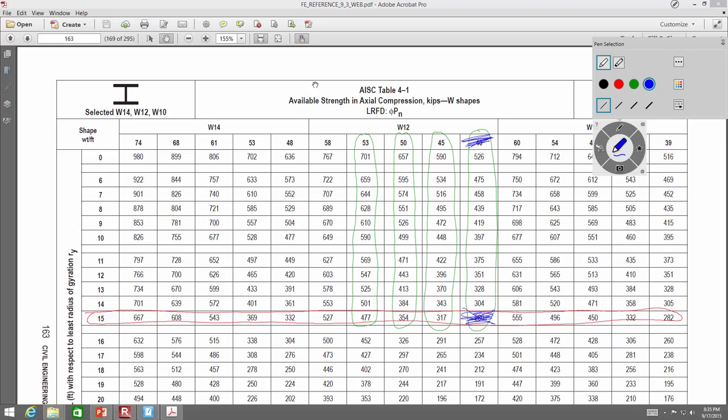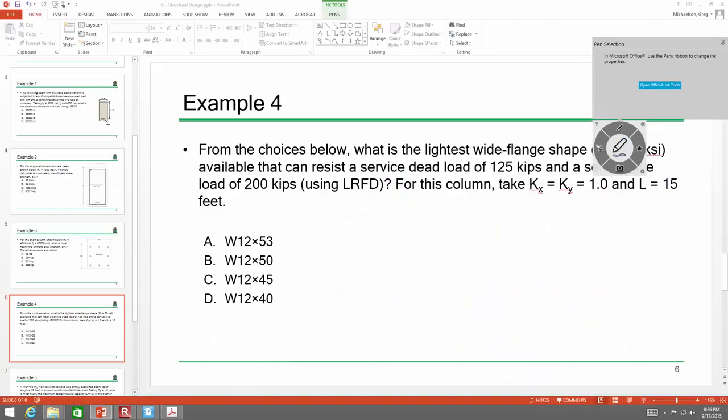Can we use that? There you go. About 50. And what about the 53? So, what's the answer to the problem? Not too shabby, is it?